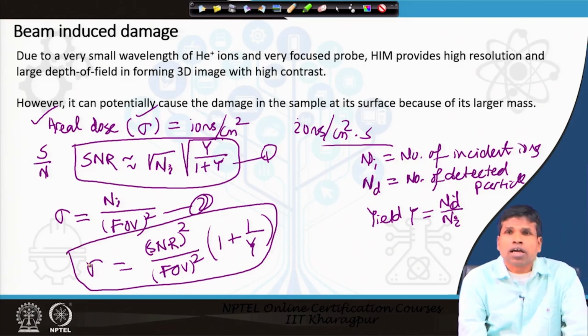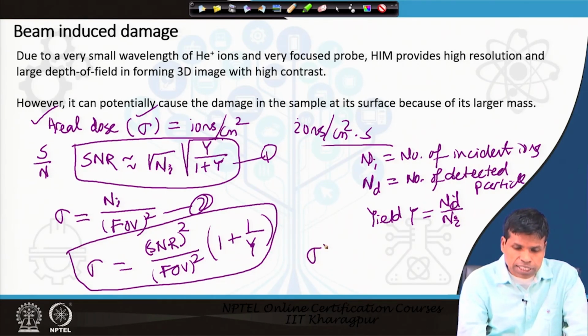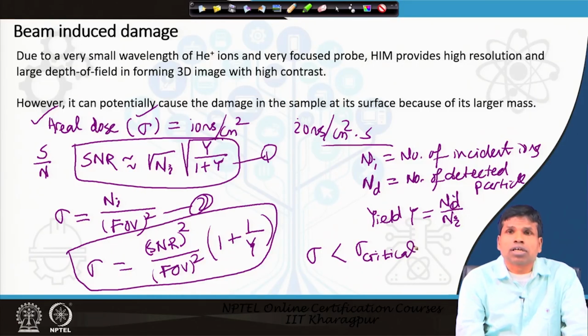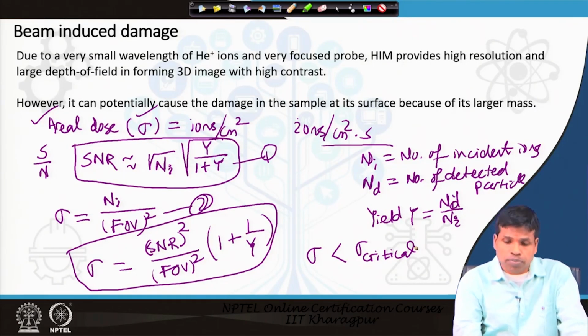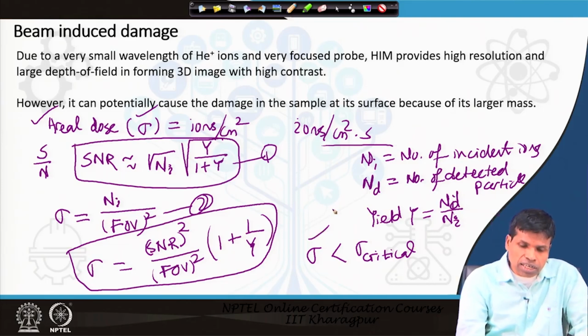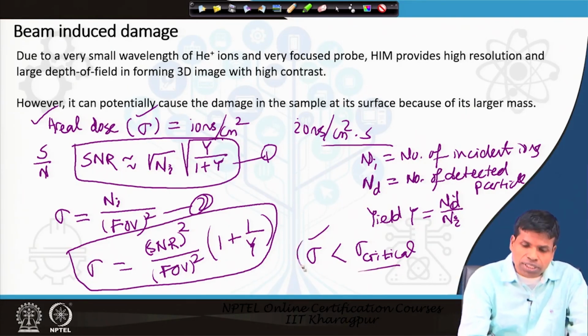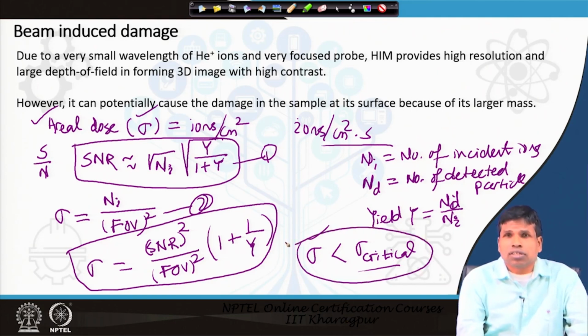Now, this ion dose sigma should be less than the critical value at which it can start damaging the sample or producing undesirable effects. The areal dose should be less than the critical value that could produce the damage. In some cases, that is not important.